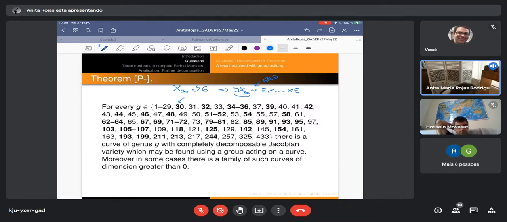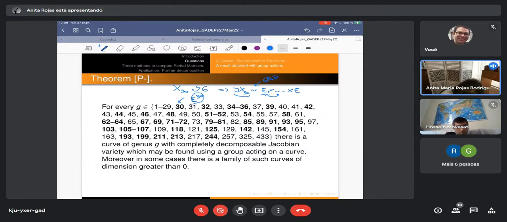It is not the Poincaré decomposition because we were working just with the dimensions, and we don't know whether these factors are isogenous or not. Because we just know the dimension, not the type of the lattice of that elliptic curve.